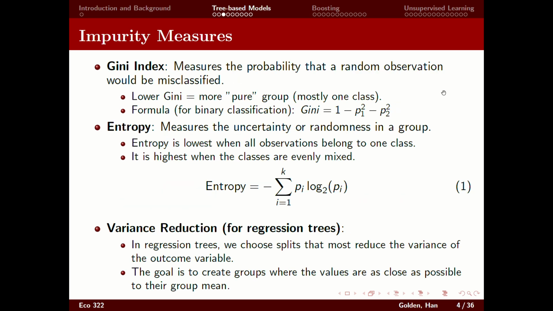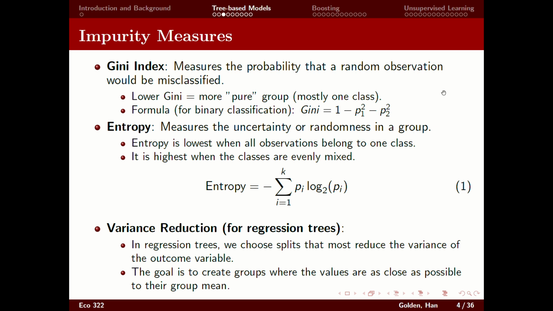So the Gini index measures the probability that a random observation will be misclassified. Lower Gini means a more pure group, mostly one class. The formula for binary classification: Gini equals 1 minus p1 squared minus p2 squared. Entropy measures the uncertainty or randomness in a group.